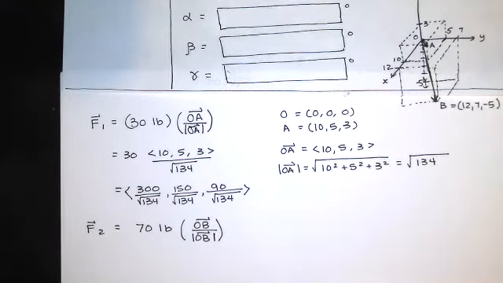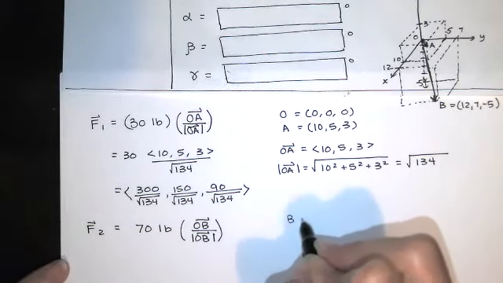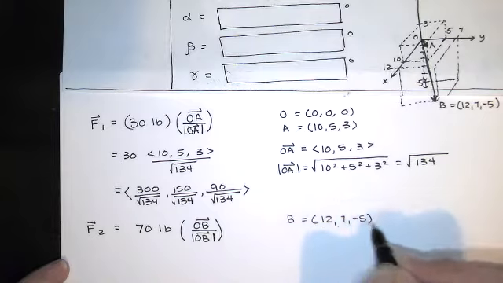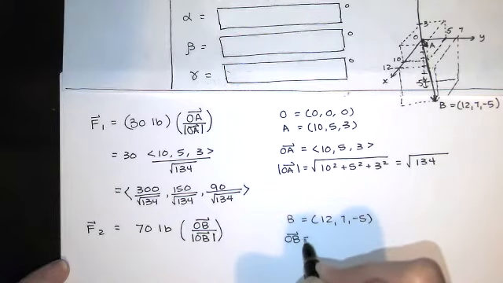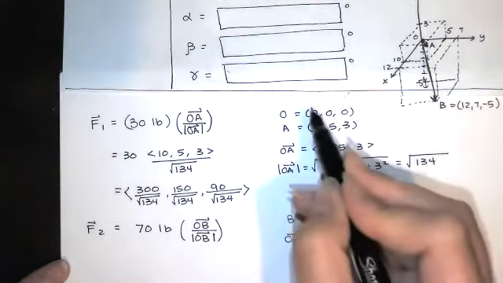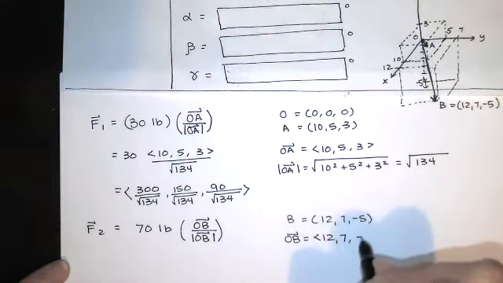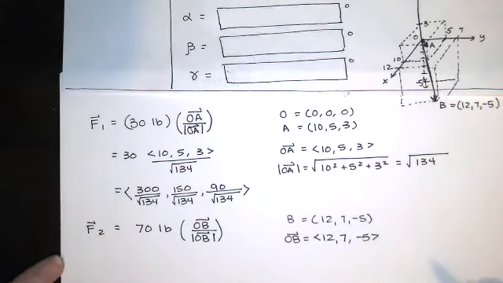And then it's going to have the right magnitude, and it's going to point in the right direction to give us the force F2. Well, if the point B is 12, 7, negative 5, the vector OB, which comes from taking these and subtracting 0, 0, and 0, is just going to be the vector with components 12, 7, and negative 5.